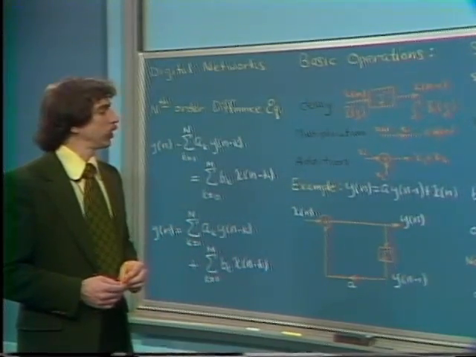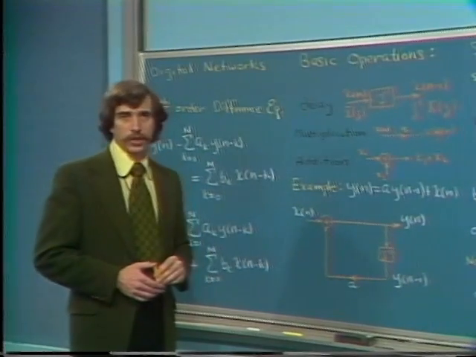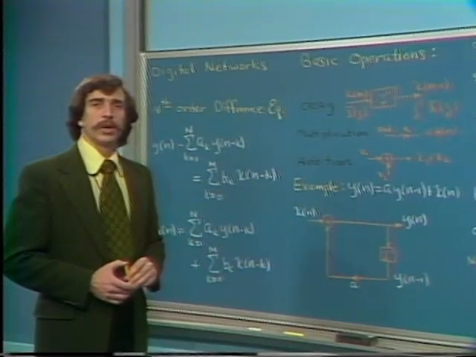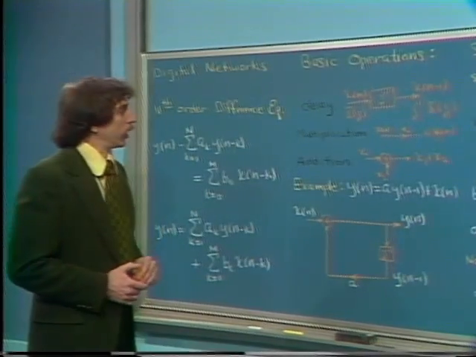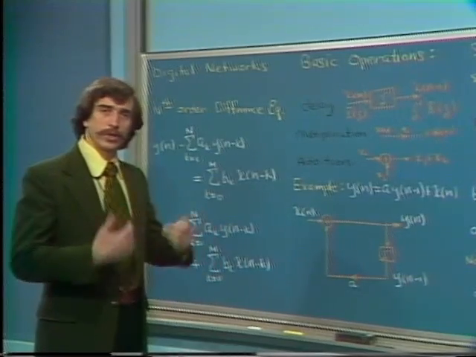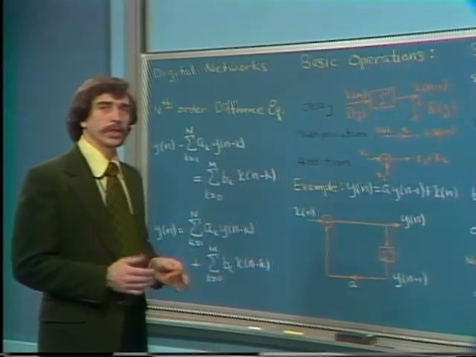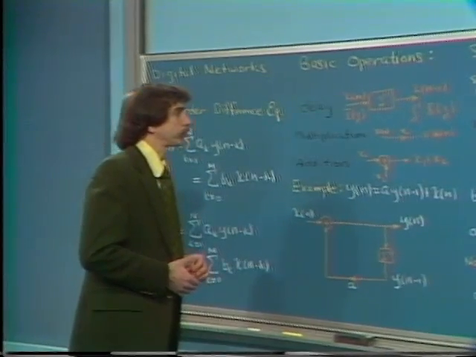And that is the graphical representation of the difference equation or the digital network in terms of signal flow graphs. Well, let me introduce the notation of signal flow graphs first in general, and then more specifically as it applies to linear constant coefficient difference equations.